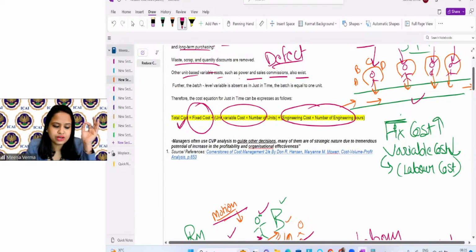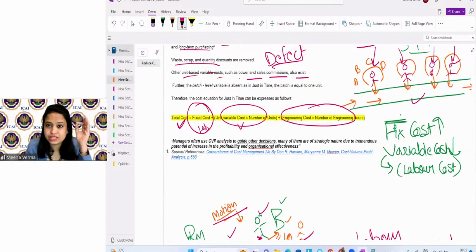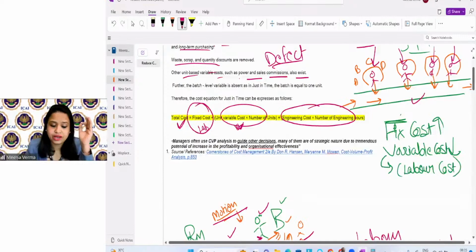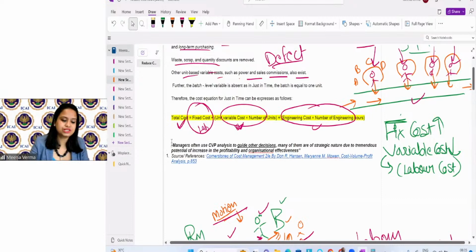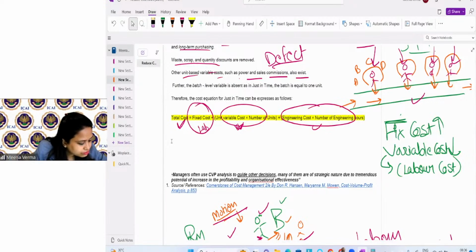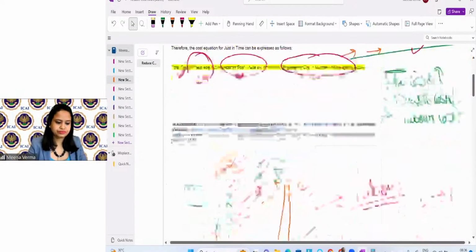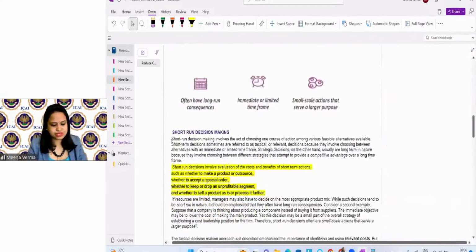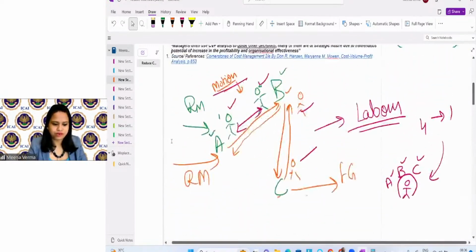So you can see here, labor cost is considered in fixed cost, material and other direct and variable expenses will be considered here, and engineering cost will be considered here. So what is happening in case of just-in-time system? We are classifying our entire cost in this way. So this is how things are happening here.